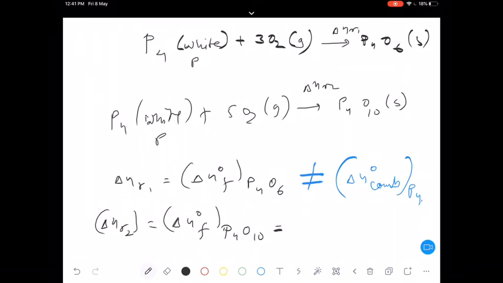If it undergoes complete combustion, then I can write this to be same as the standard heat of combustion of P4. I think after going through this example, you can understand. Is that correct? Now you can define the difference between heat of combustion and heat of formation of different species.